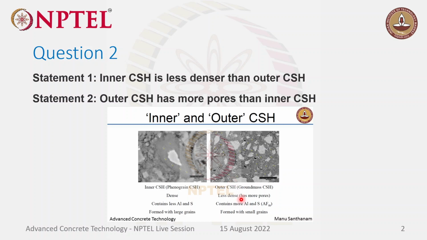It has more pores compared to the inner CSH, and it contains less alumina and silica, because in cement the amount of calcium present in the composition is higher. So obviously inner CSH has less alumina and silica, and sulfur, compared to the outer CSH, and it forms larger grains while outer CSH forms smaller grains.